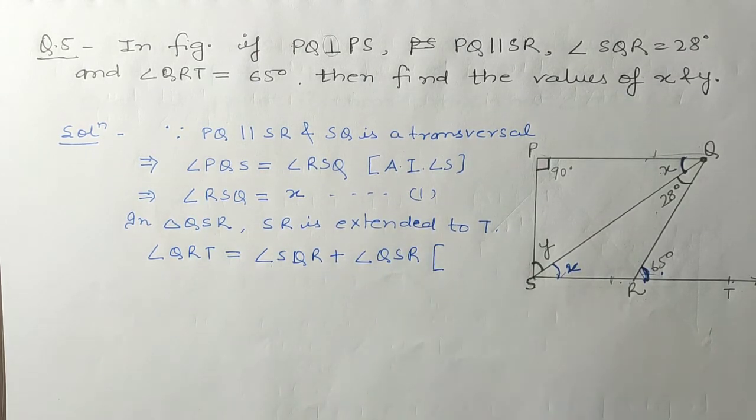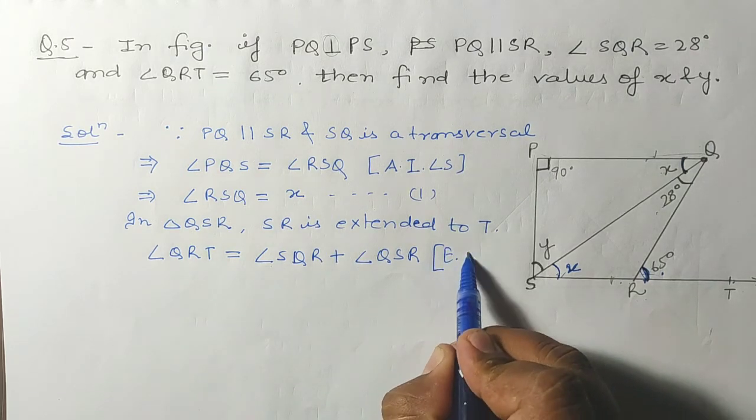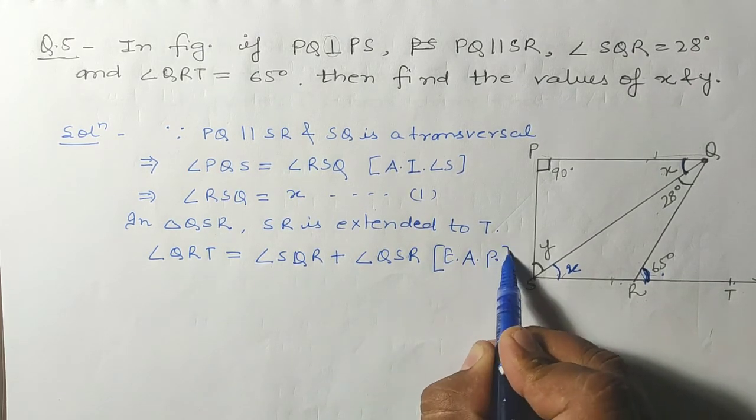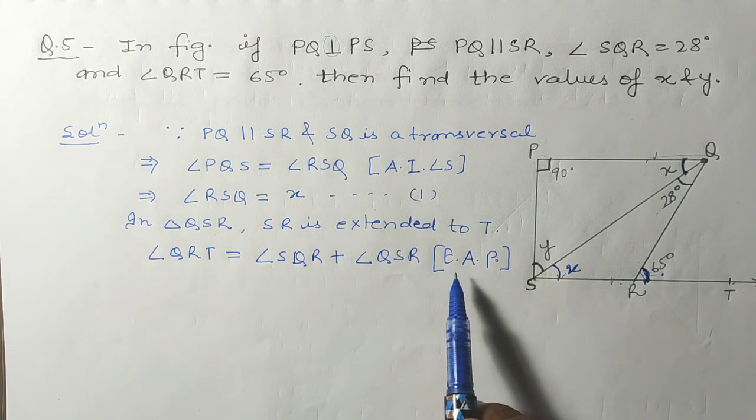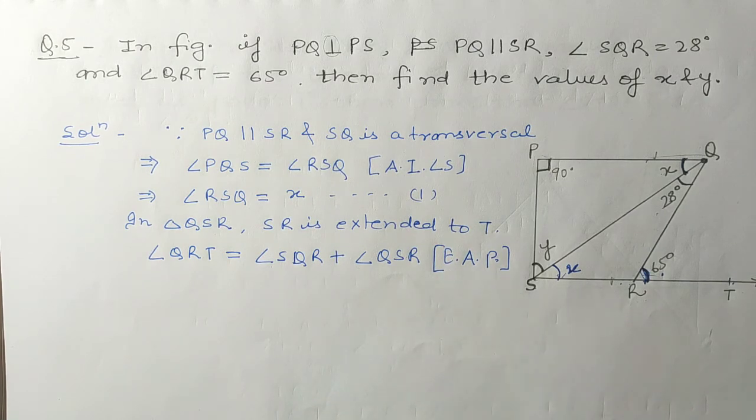The reason behind it is the exterior angle property. In the fair copy you will write it in the full form. This is the exterior angle property.